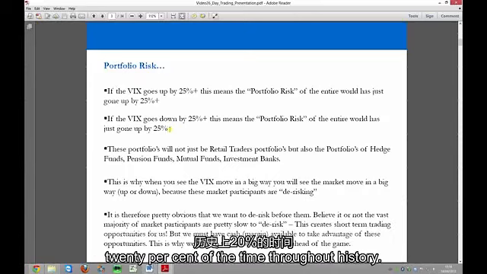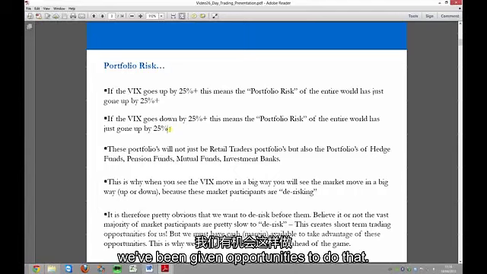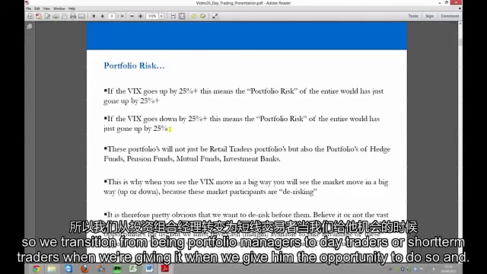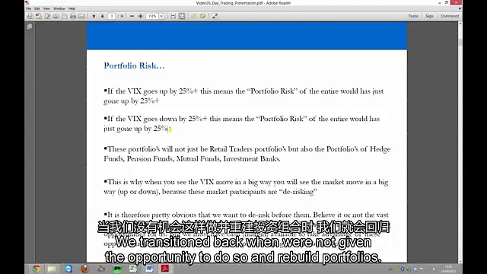However, 20% of the time throughout history, what's happened? Well, we've been given opportunities to do that. So we transition from being portfolio managers to day traders or short-term traders when we're given the opportunity to do so. And we transition back when we're not given the opportunity to do so, and we build portfolios.